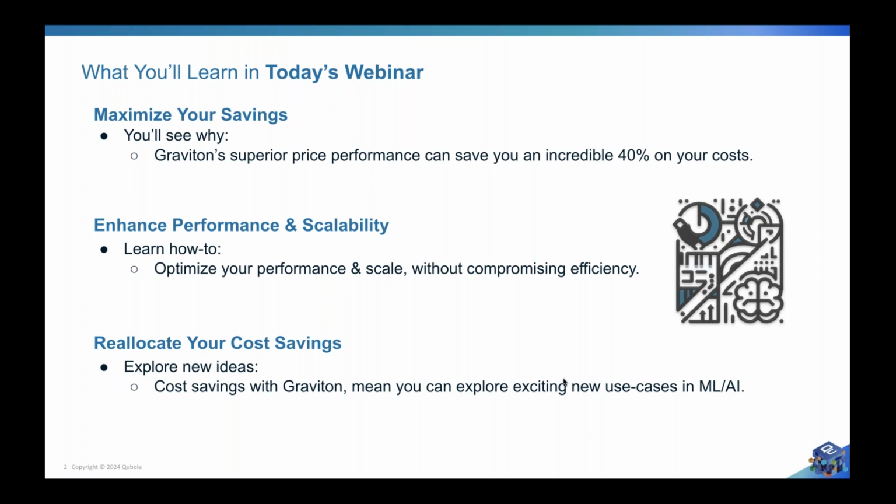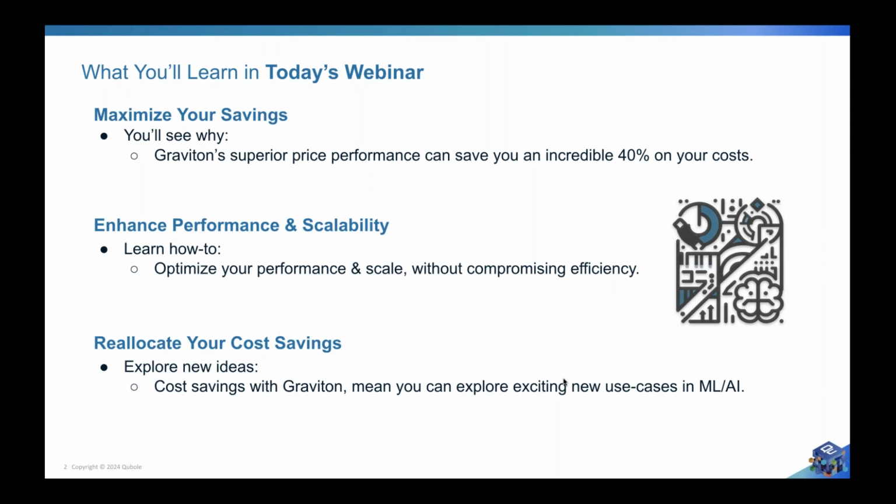It helps you optimize your performance and scale, definitely without compromising efficiency, because of the cost savings you are making with Graviton. The savings you have made can be used on other workloads, because you have spare money to spend on other use cases.